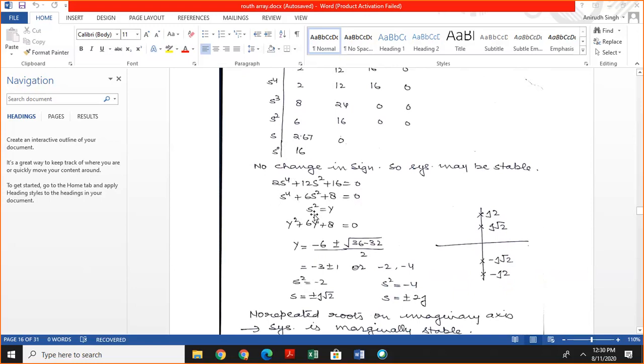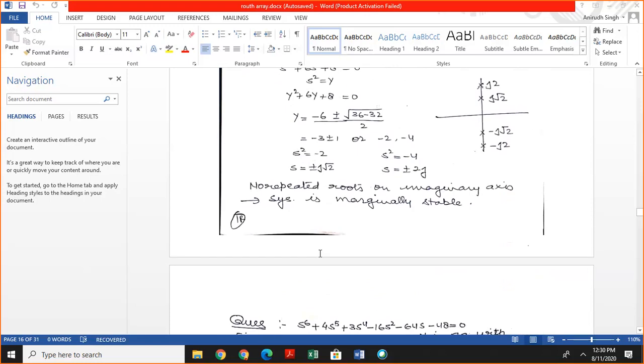In this auxiliary equation, take s square as y. So we get this equation and calculate the roots of this quadratic equation. Roots are -2 and -4. Then substitute the value of y equal to s square.